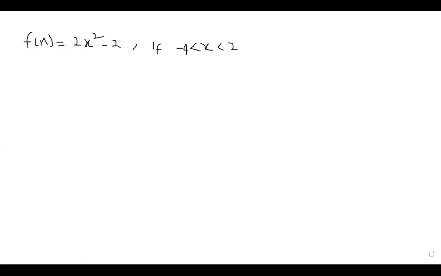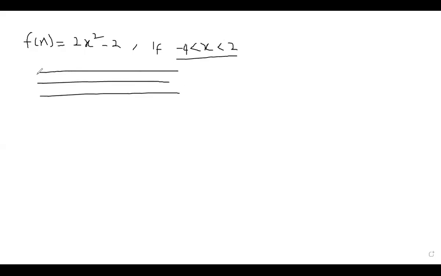So let's attempt to plot this graph. Like we said, once we've been given the domain, you just have to create a table and list the values of x and then find the corresponding images y. So we have our x, we have our y. This time I'm not using f of x, I'm using y because they are the same.